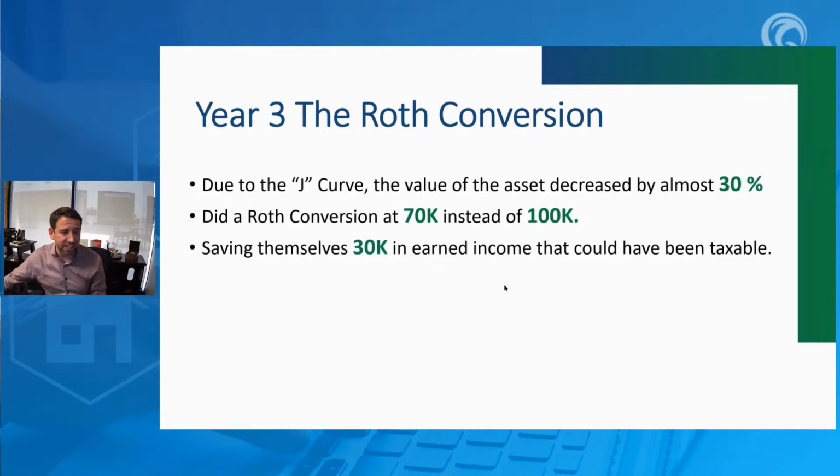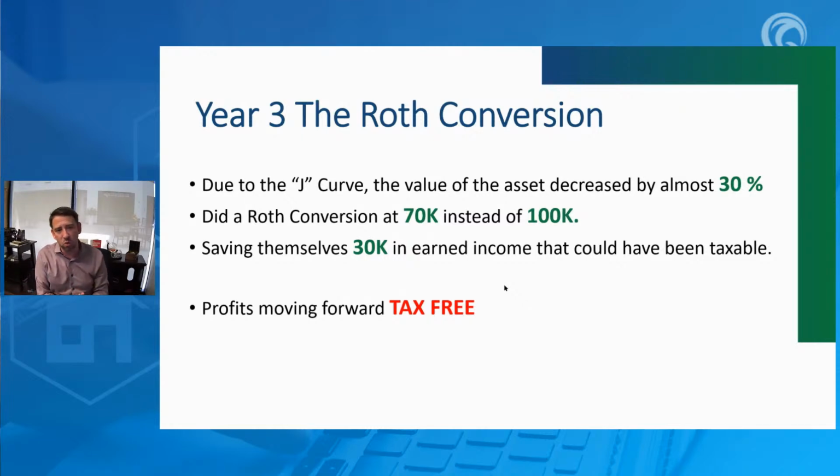Now, ultimately, was the asset really still worth 100? Absolutely. But it's a great technique to use in any syndication. This works for storage units, multifamily deals, senior living facilities. It doesn't matter, right? So remember, after this, all profits moving forward were completely tax-free.